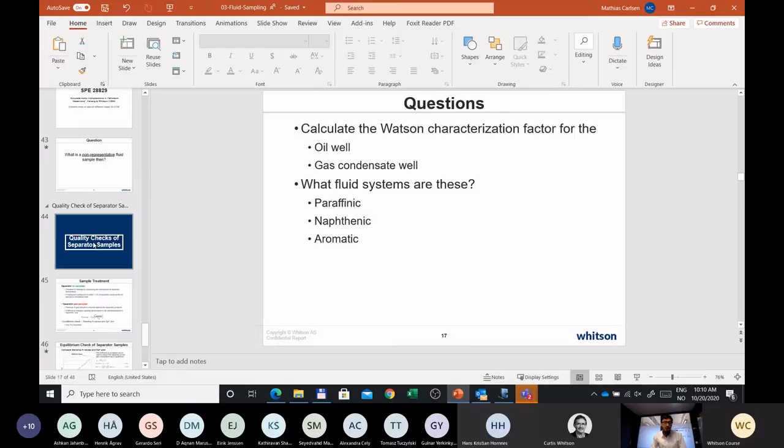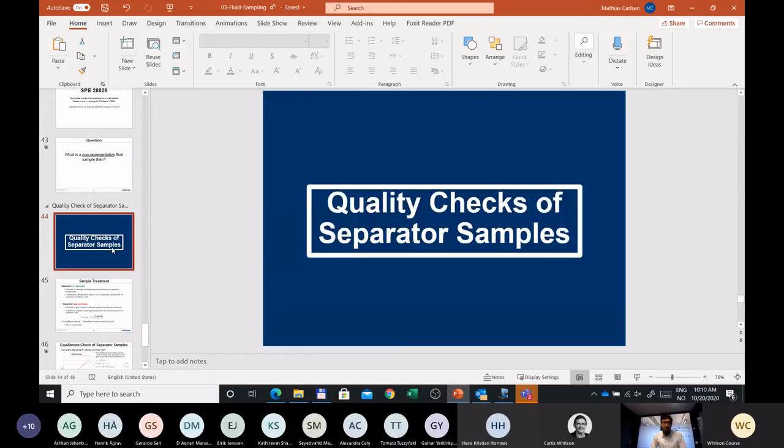There are a few slides on that. We just go through those slides, and then we do this exercise on the flash calculation. We do the exercise on the QC of the separator samples, and we also do the exercise on this Watson characterization factor calculation. And after that, we will finish the rest of the topics in the fluid sampling.